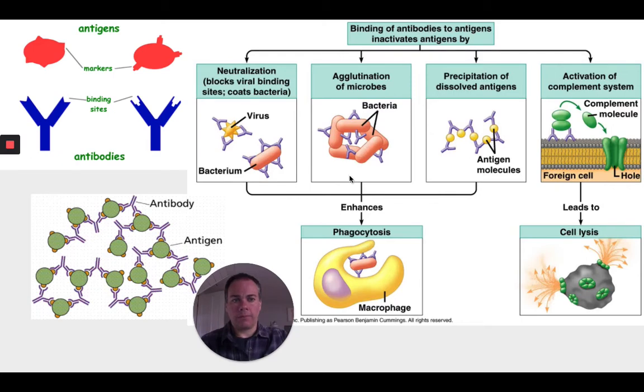They can also mark these pathogens to start attracting other types of cells to come and destroy them. So once these antibodies attach to this bacterium, that is a signal for these phagocytes to come in and engulf and destroy them.